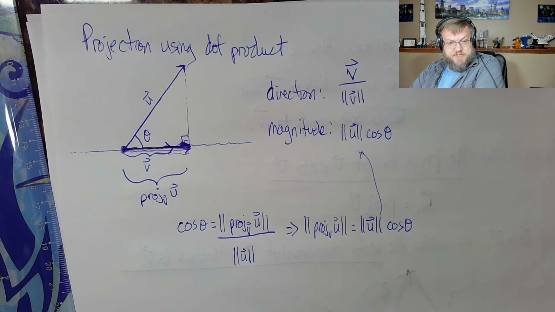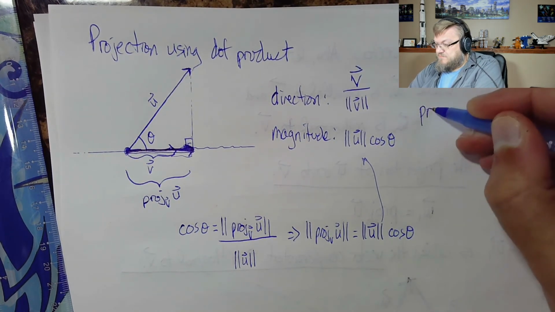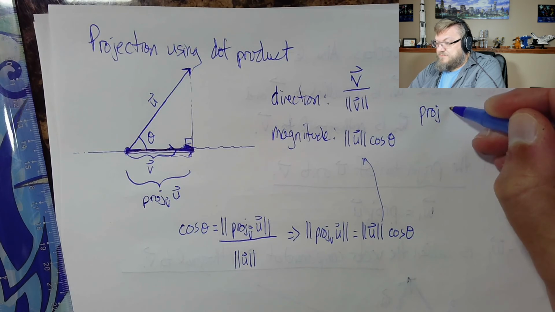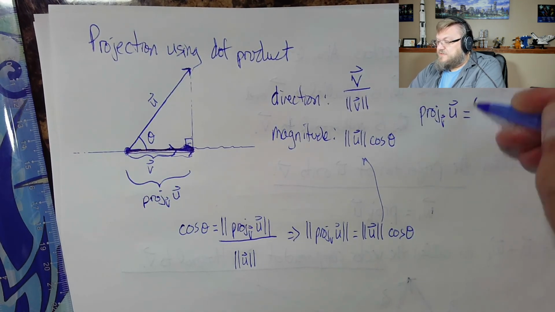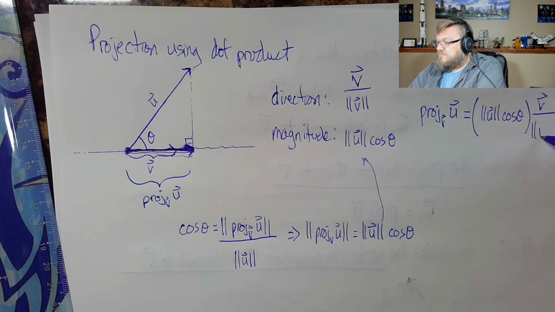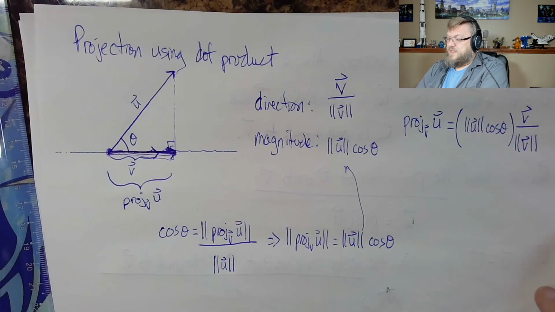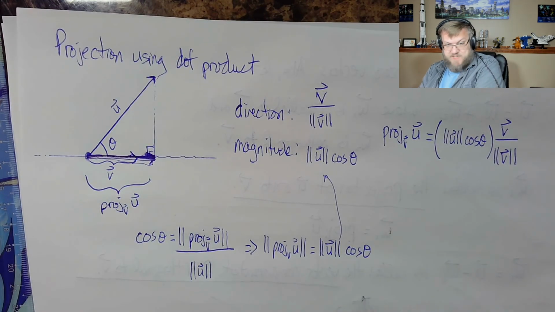Okay? So now I know that this projection vector, by formula, is going to be its magnitude, which is magnitude of u cosine of theta, times the direction it goes in. So there's one possible formula for the projection vector, okay?